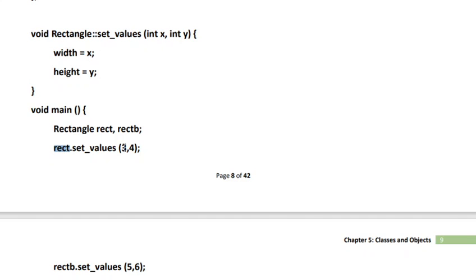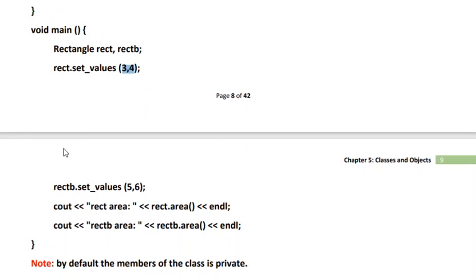The values are 3 and 4, so 3 and 4 will get copied to x and y, and then initialized to width and height. Likewise rectb.setvalue 5 and 6 will call the function set value belonging to object rectb. Then 5 will be initialized to x and 6 will be initialized to y.